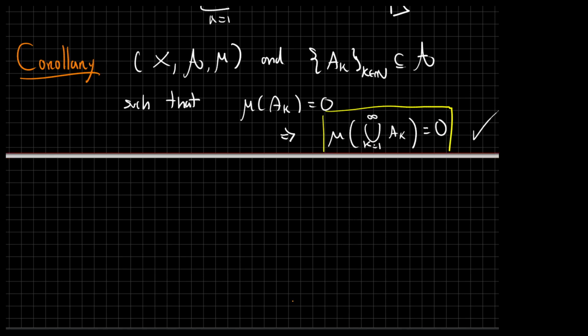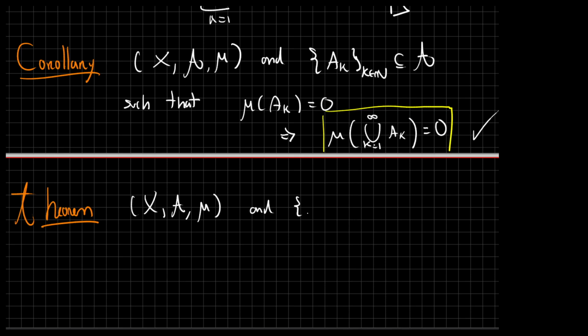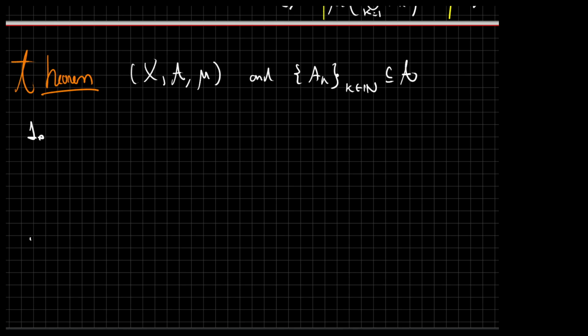So there's that. All right, so another theorem. Now regarding the limits of sequences, we have our measure space here, and once again some countable family here, and it holds two properties.